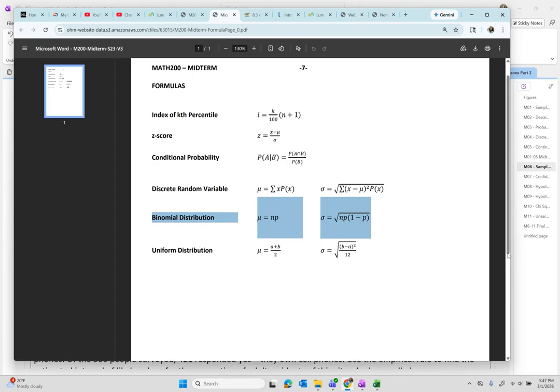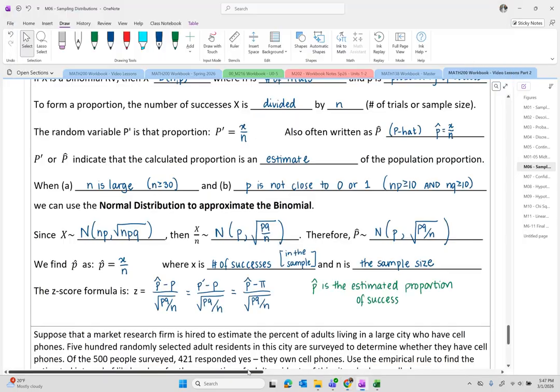And therefore, when I divide by n to calculate the proportion, X divided by n or P hat, all of these values will be divided by n, and we will have a mean of P, which is the population proportion, and a standard deviation of the square root of P times Q divided by n.